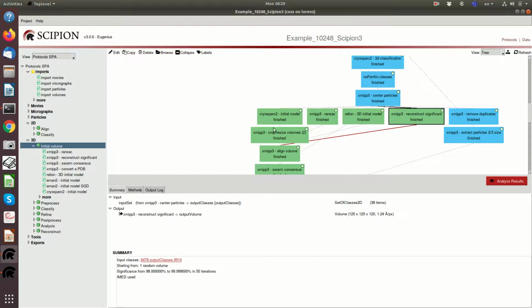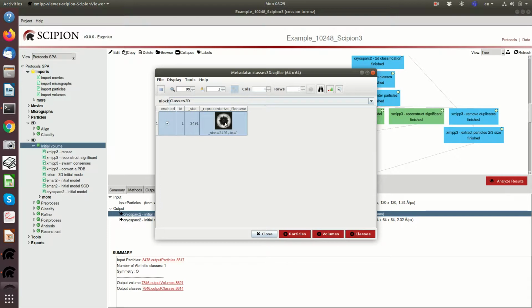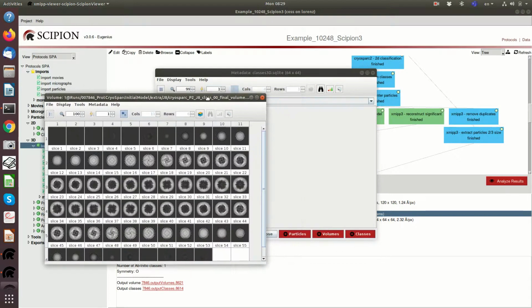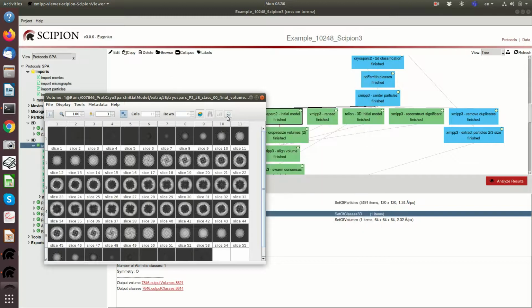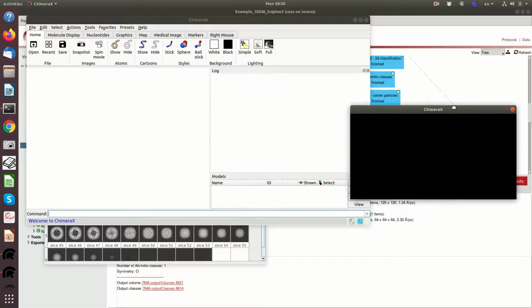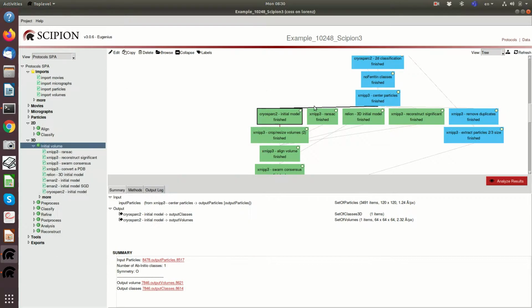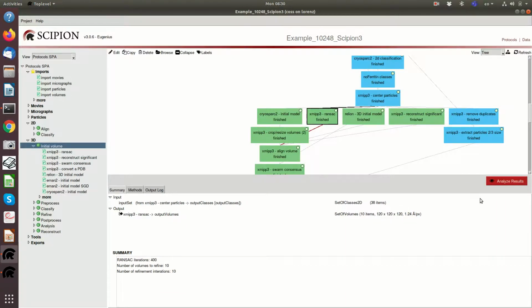Okay, so then for instance we can look at the different results. Sometimes it is very obvious that there is some mistake in that initial volume. For instance, this one doesn't look quite good. For some reason Chimera doesn't work on my computer, but well, we can do it.